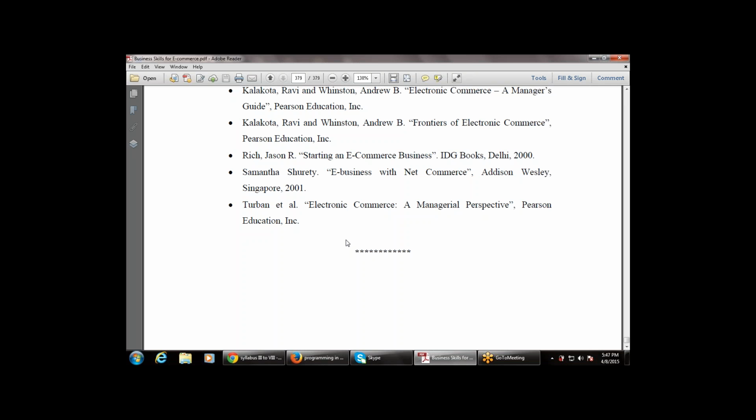Object-oriented programming. Yeah, that is C++. Yes, yeah.